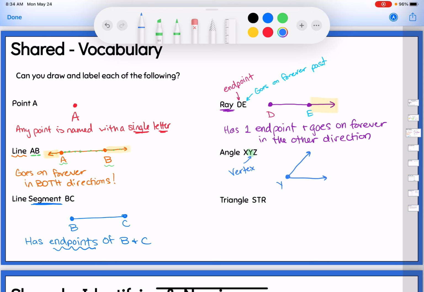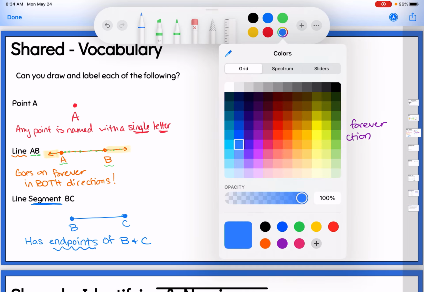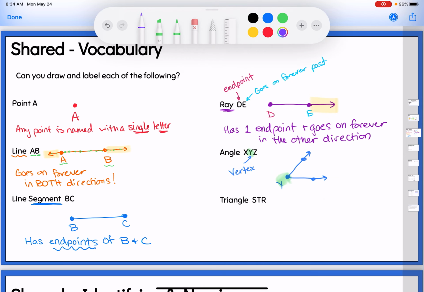And then it's going to go two different directions from there. So Y has to be the vertex, so it's got to be here. But then it doesn't matter either way. However you wanted to do that, you could put X up here and Z down here, or you could put Z on top and X on the bottom. That doesn't matter. But Y has to be the vertex, right?